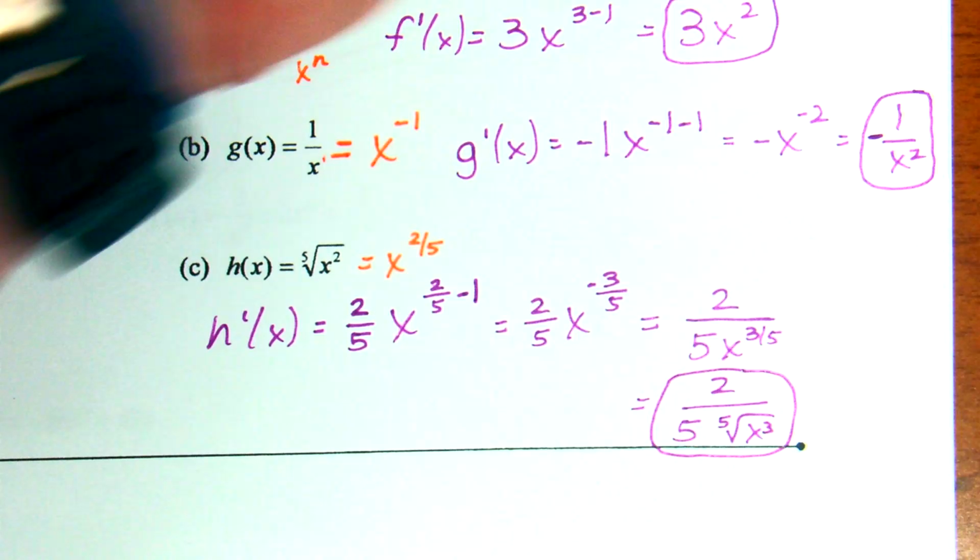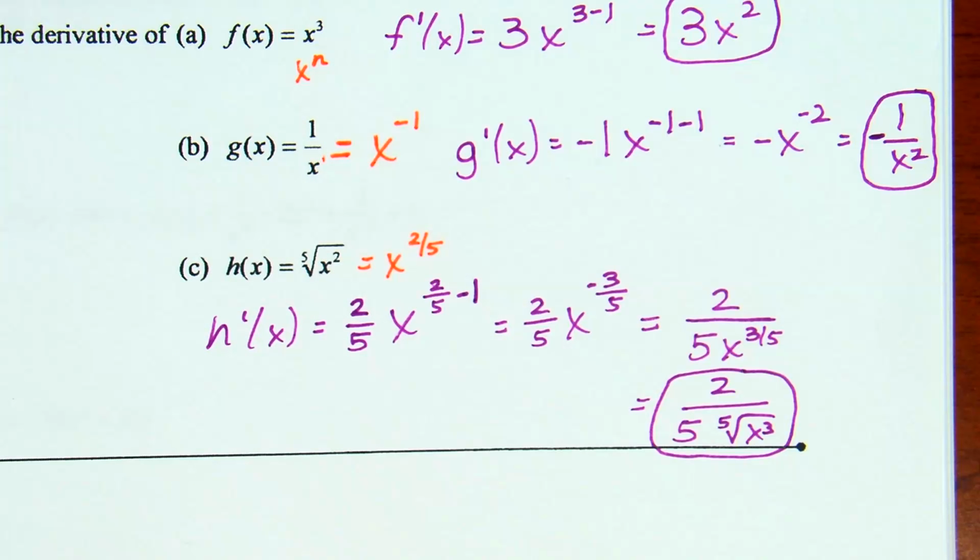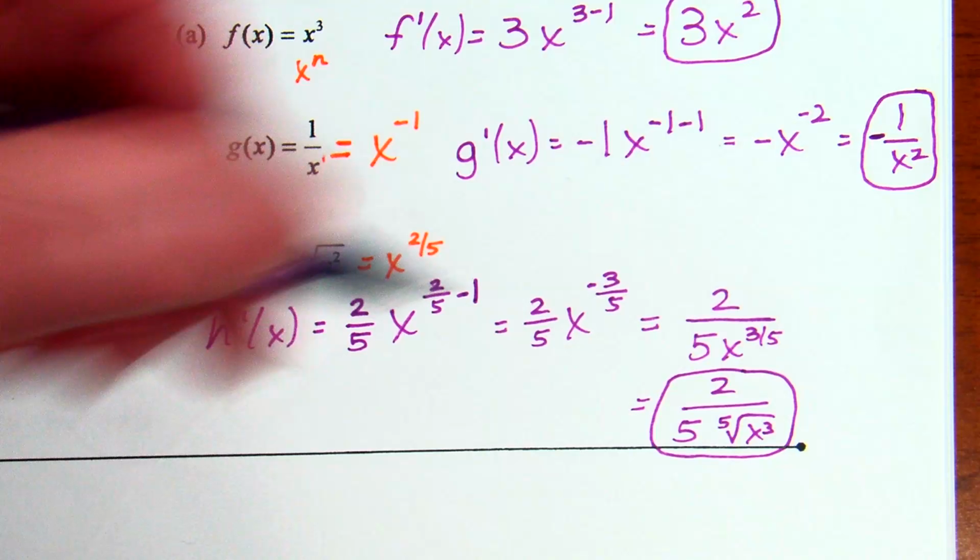Only thing I can think of is since the original problem started with a radical, that's why you put a radical in the answer. I don't know. I agree. We'll just enjoy it as is, right? And as I said, depending on the situation, I'm okay with this one too.